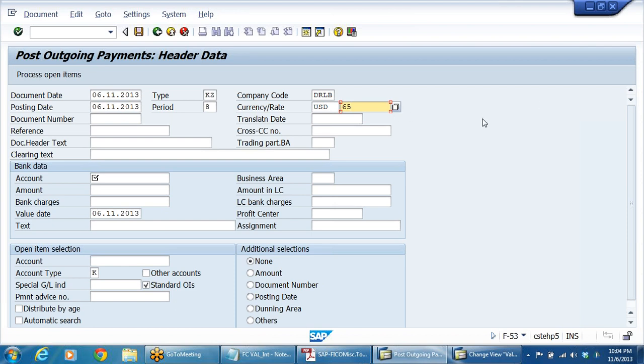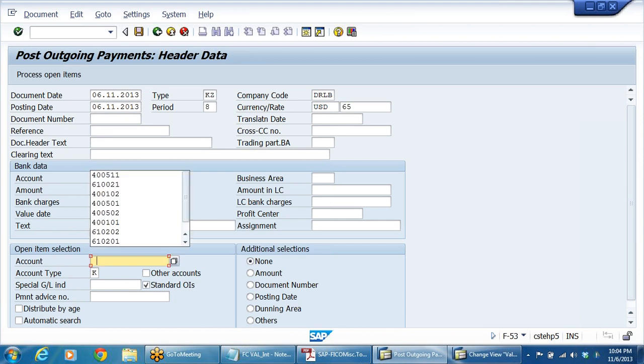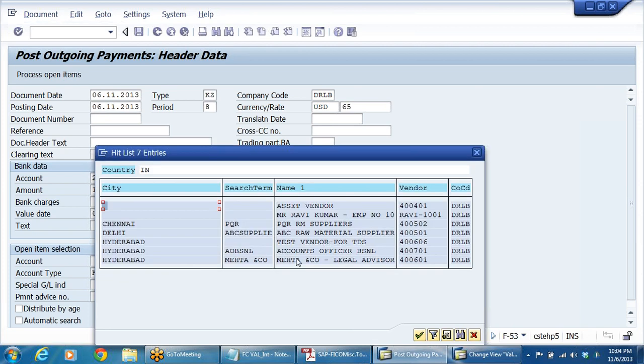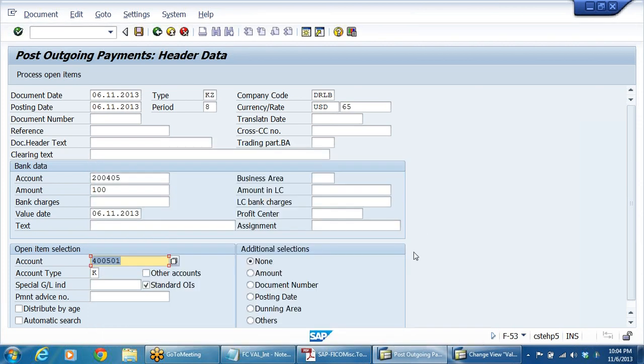I'm taking 65, right? Now account. So bank account 204.05, amount $100 I'm paying. My vendor, ABC raw material vendor, right?